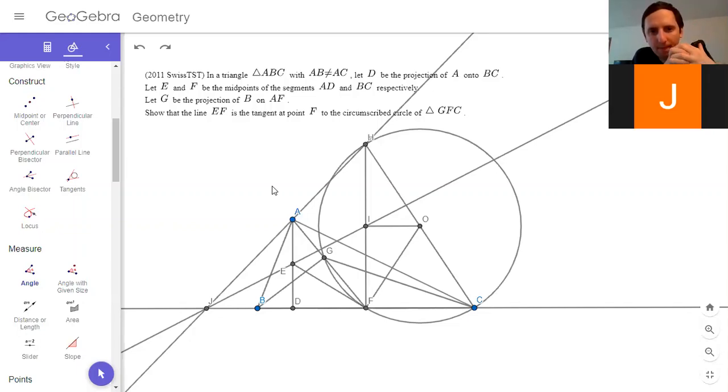Let's see. Okay, so let's see how we can do this. Yeah, we want to show angle GCF is equal to angle ICH. So we want to show that's a harmonic quadrilateral.